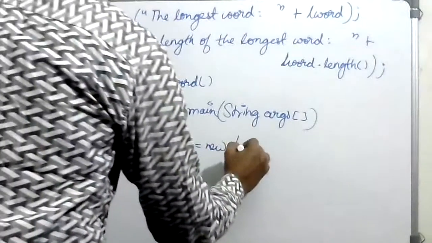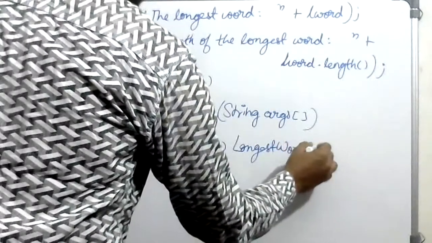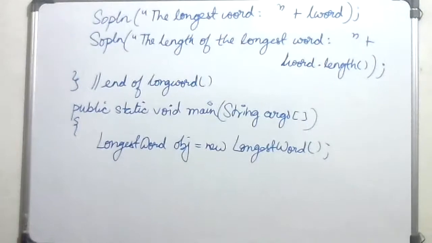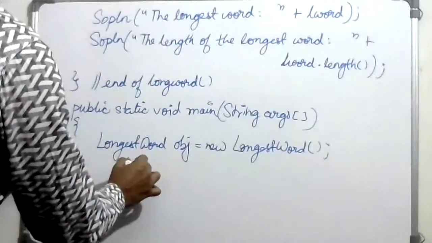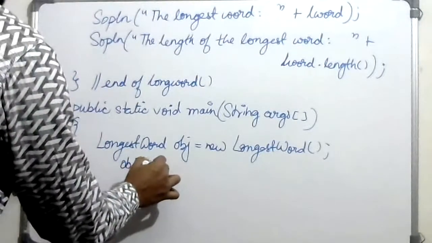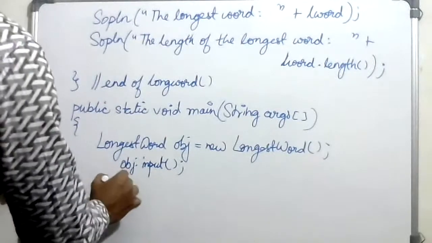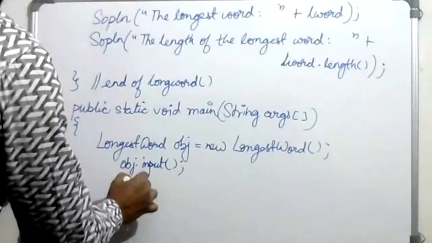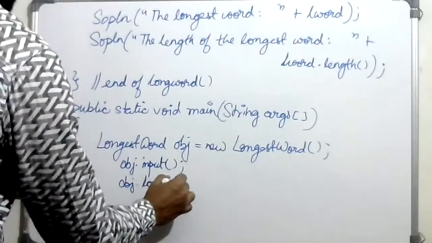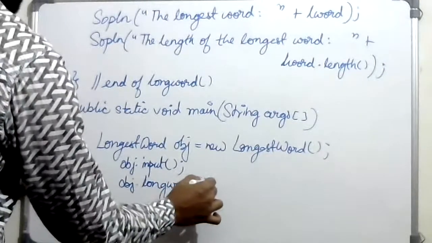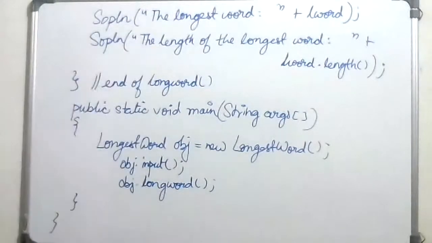New LongestWord, which is the constructor, default constructor. Now we'll do obj.input to call the input function. Now since we have an input, we'll call the obj.longword function. We simply call the longword function, and that's the end of our main and the end of our class.